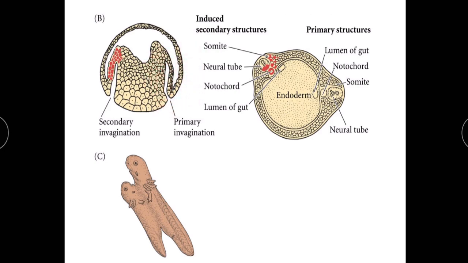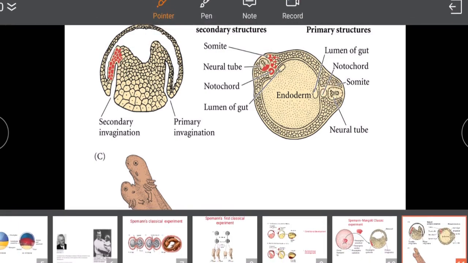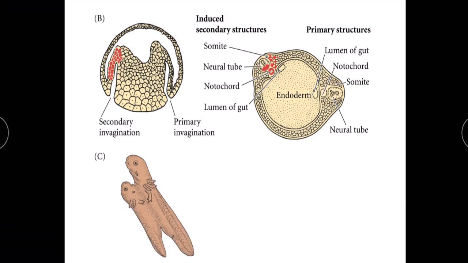They found that the gastrula developed two neural tubes here. And remember, the neural tube is the first structure to appear during development, and it instructs the development.